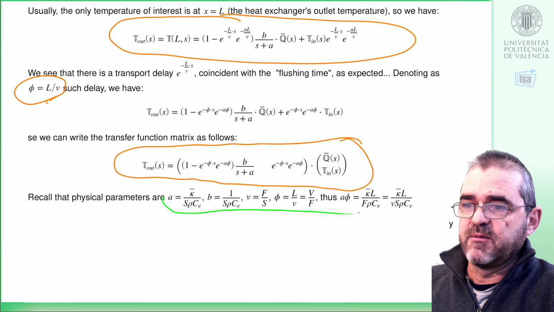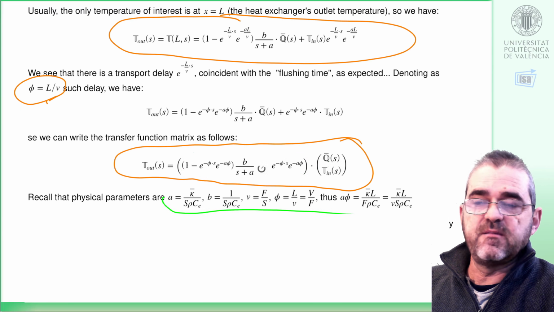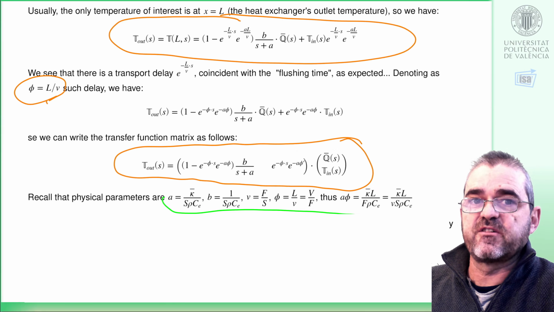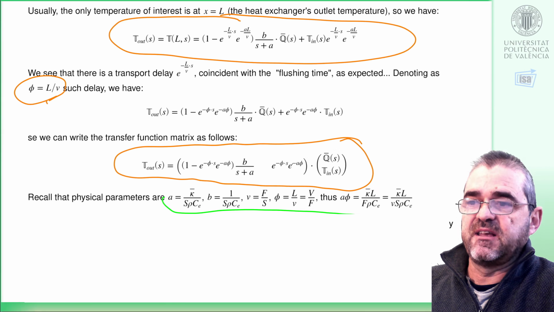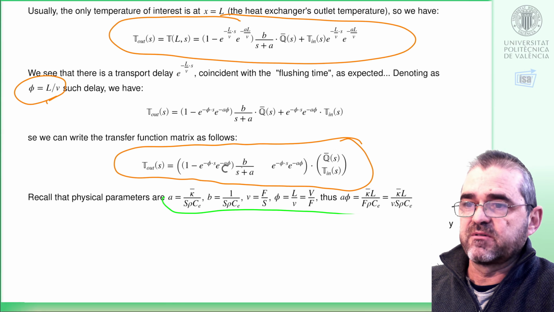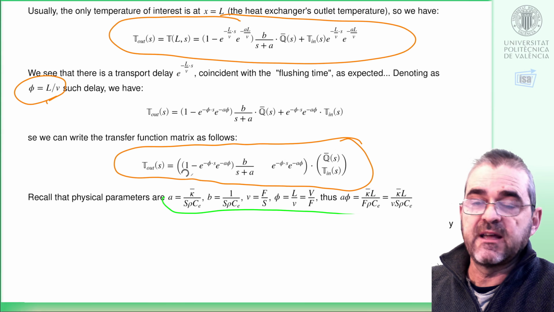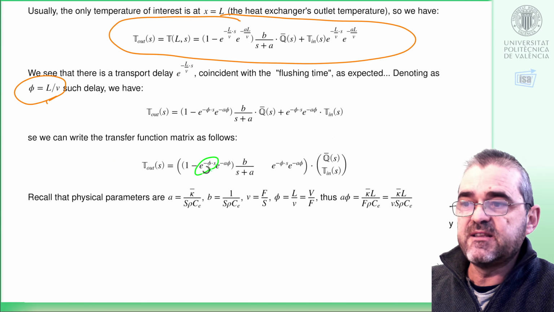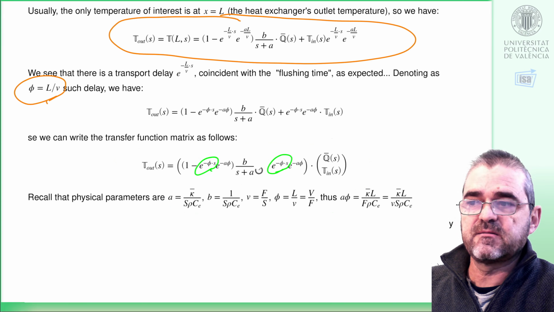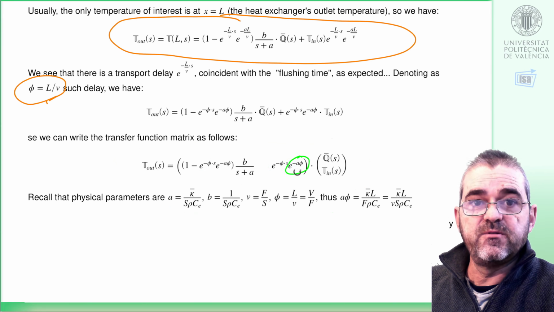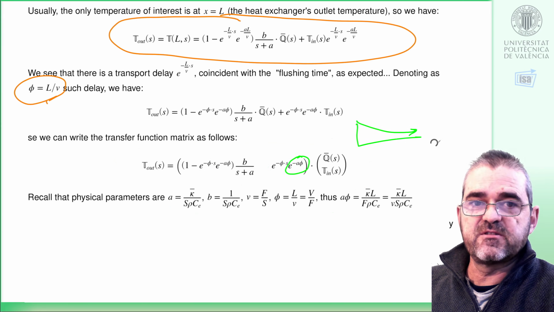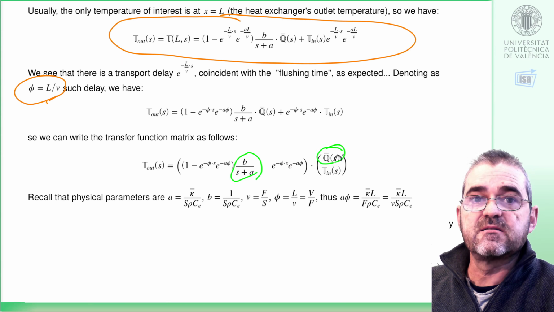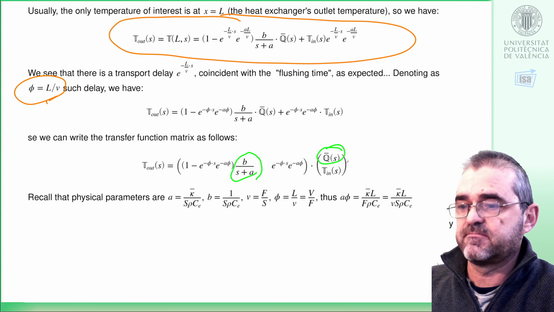Of course, replacing all these A, phi, B, whatever by physical parameters, I would get the actual transfer function in physical parameters, but I leave it for you because the important thing is seeing what happens here in a compact notation in which we have delay terms here and here, exponential decay due to the cooling in the temperature profile, and we have first order dynamics of the heating resistor.